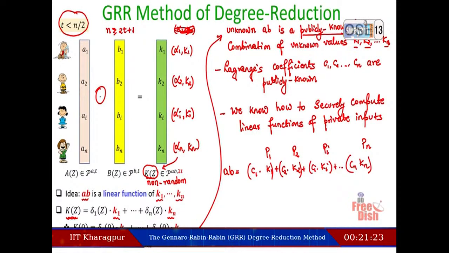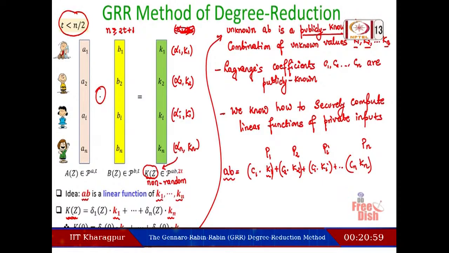So, if we ask the parties P1, P2, Pi, Pn to respectively secret share K1, K2, Ki, Kn, then we can apply the same linear function, the Lagrange interpolation linear function, on the shares of K1, K2, Ki and Kn and end up getting shares of AB. Our goal is finally to obtain shares of AB.